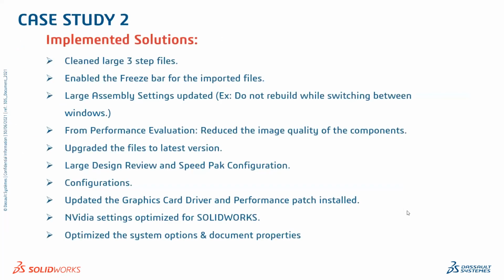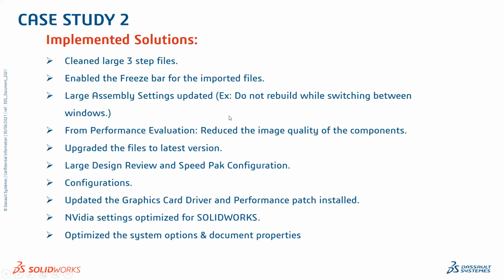Okay, let's go through what all the things are. In the entire assembly, we just took the 3 largest step files and cleaned them. We have enabled the freeze bar, because since this component is full of imported geometries, whenever you try to open it, switch the planes, or run some other commands, the assembly tries to resolve all the failed features, even in the imported geometries.